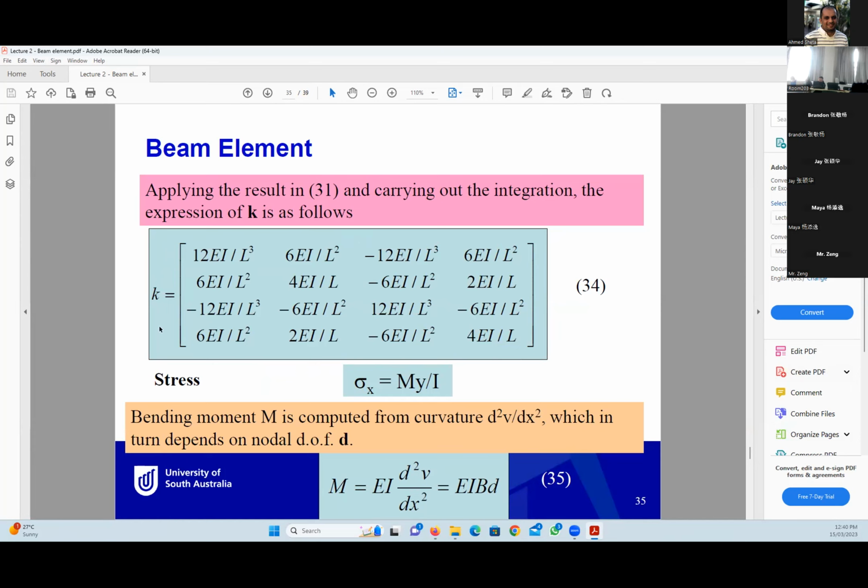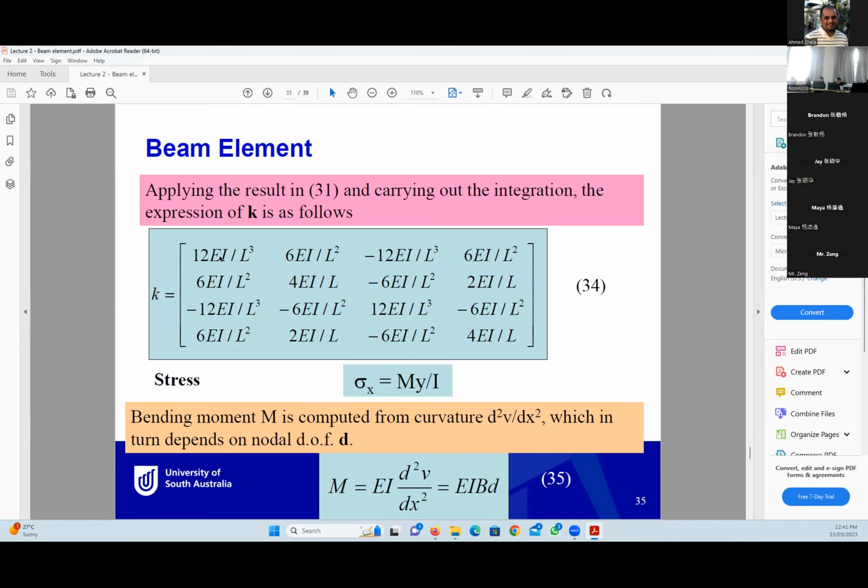Again, what is the size of the stiffness matrix of a beam element? It is 4 by 4, because we have 4 degrees of freedom.